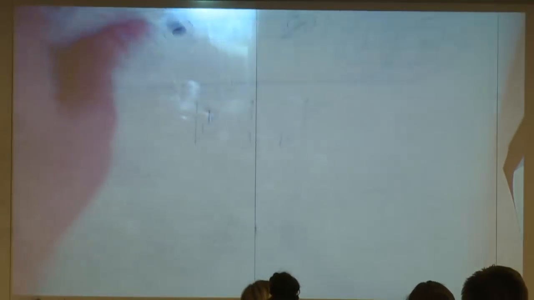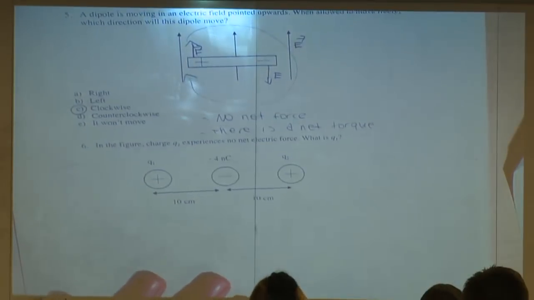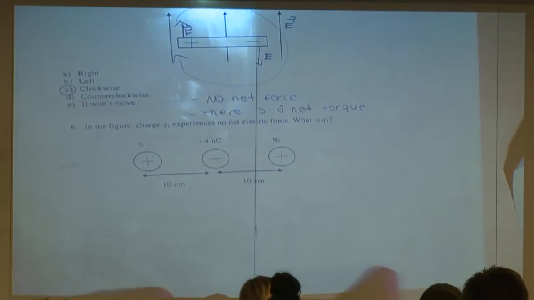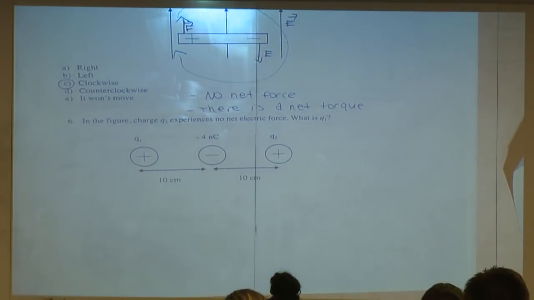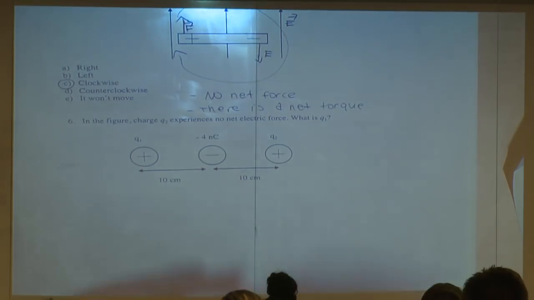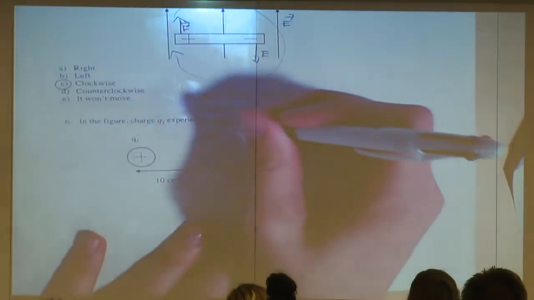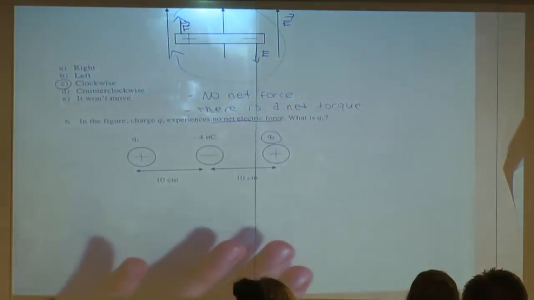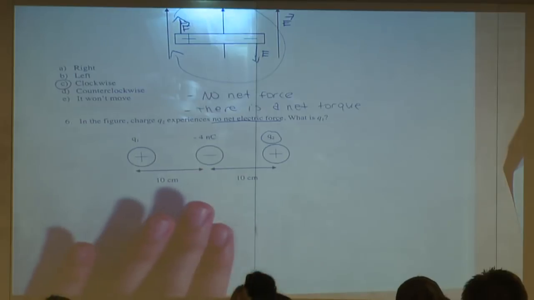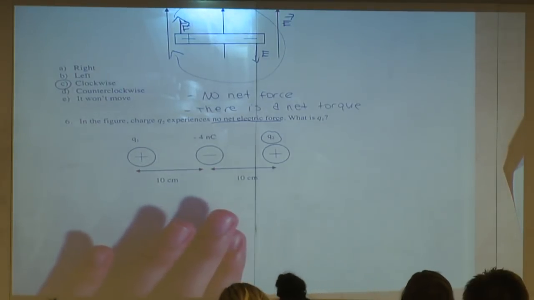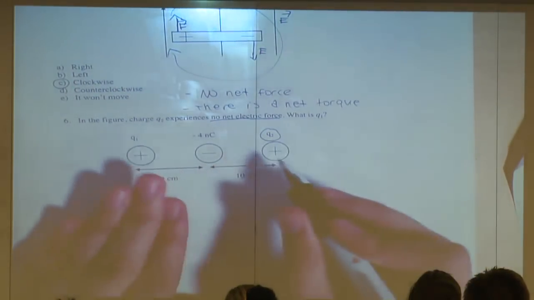Good, all right. So number 6, it says in the figure, charge Q2, so this is Q2 right here, experiences no net electric force. What is Q1? Okay, so first what we can do is draw the forces that Q2 will feel.